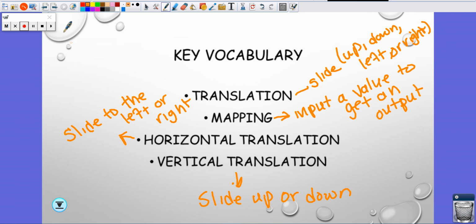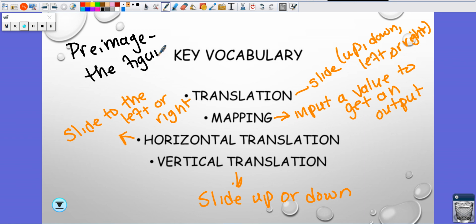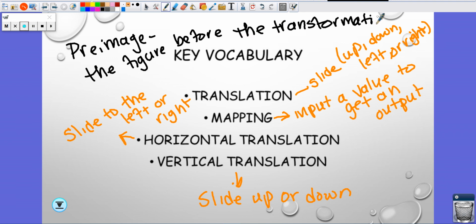There is a word we need to add here too. So add this word: a pre-image is the figure before the transformation. Make sure you add this word in.